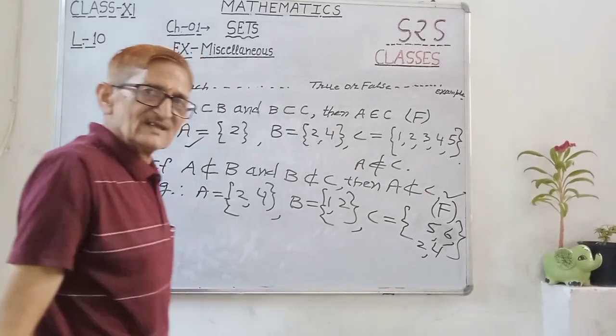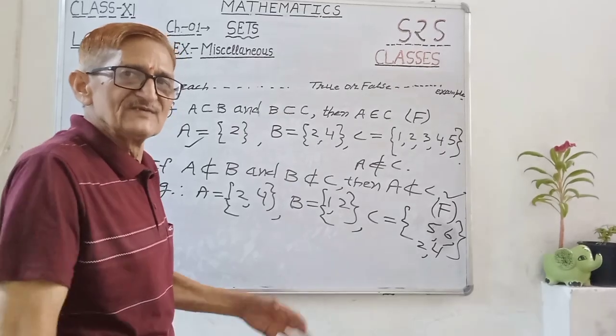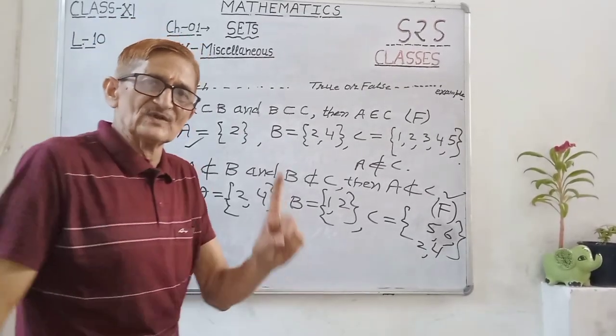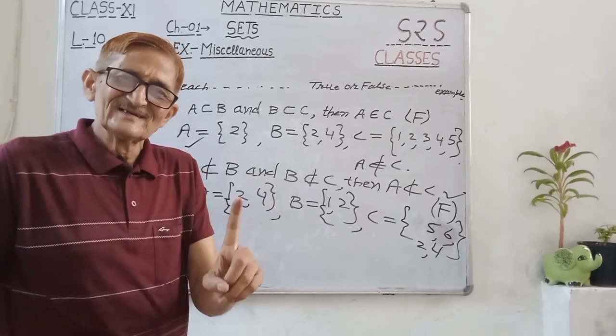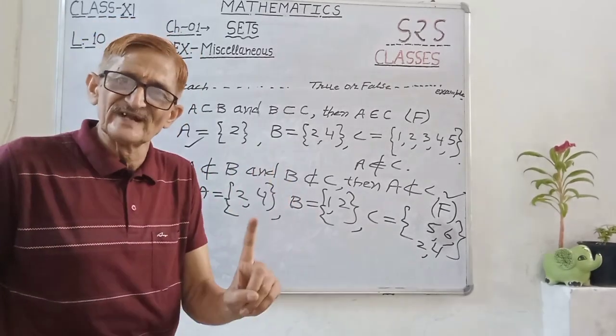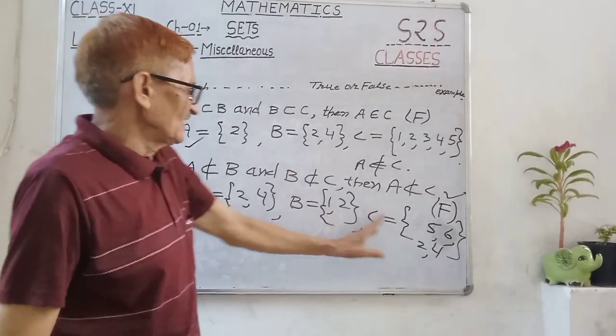True means in every situation it must be true. Generally we can prove that. If you give only one example in front that is false, then the statement is false. One example is sufficient to say any statement is false. So this statement is false.